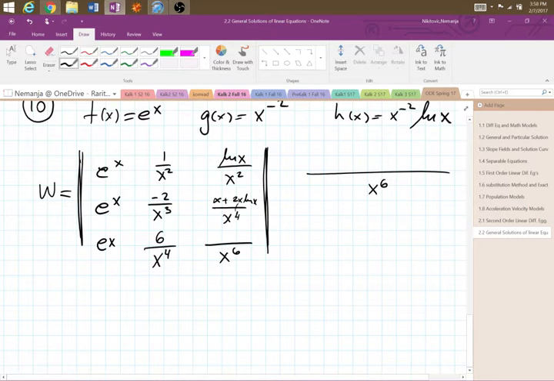No, but it's x to the 3rd, because I didn't factor out this. It's supposed to say 1.